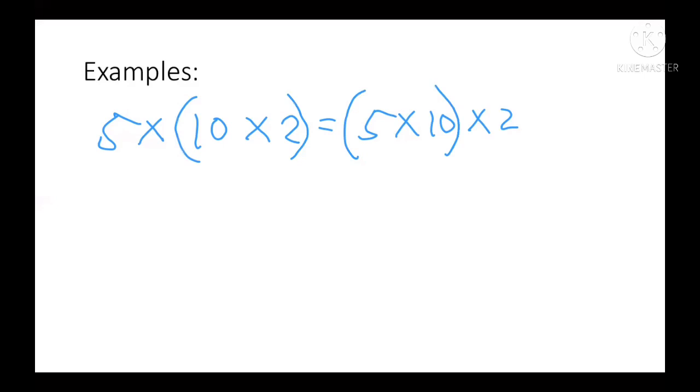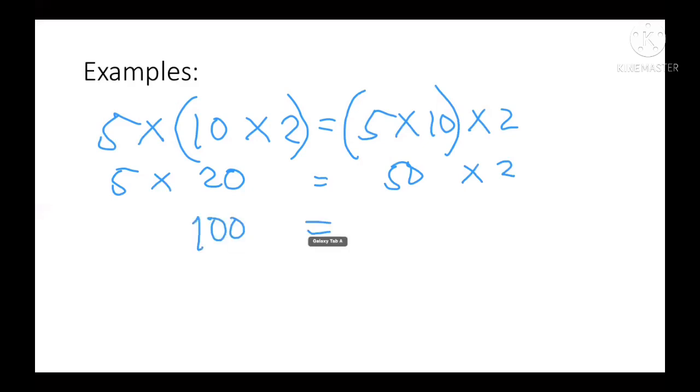Now, let's see if they're the same. 5 times, what is 10 times 2? 20, correct? 5 times 10 is 50, times 2. What is 5 times 20? 100, very good. 50 times 2 is 100 also. See? That is the power of the associative property.